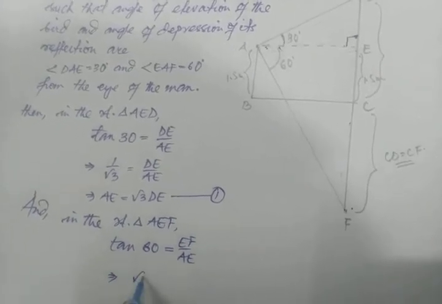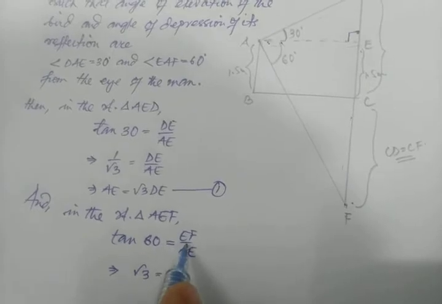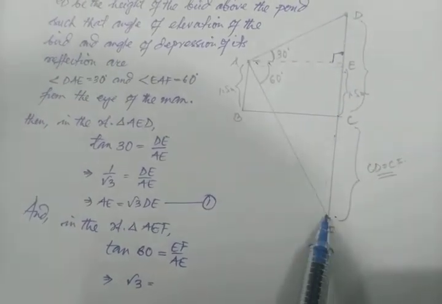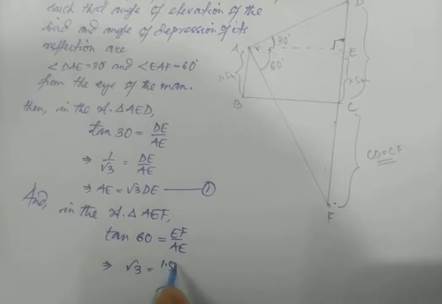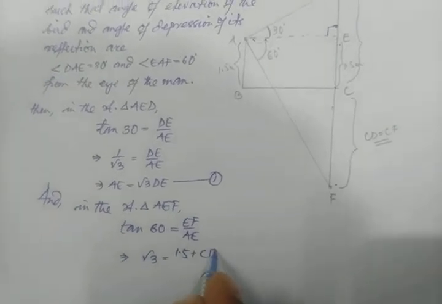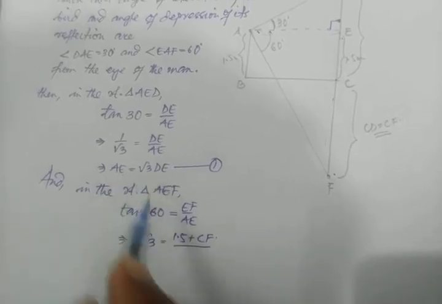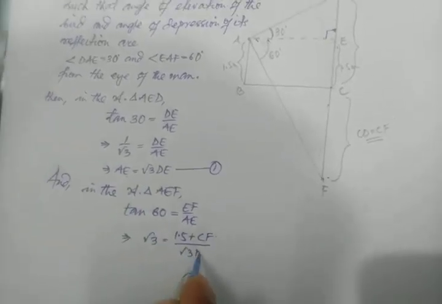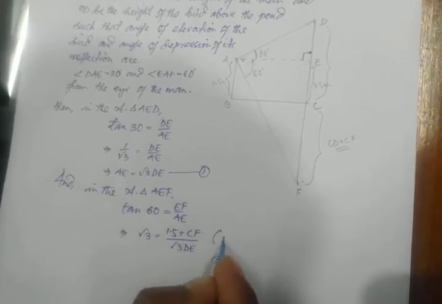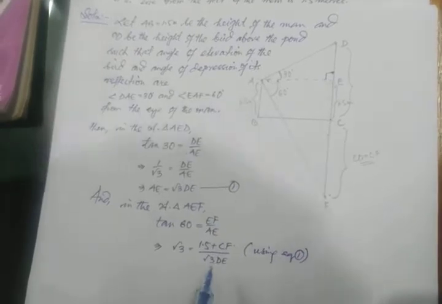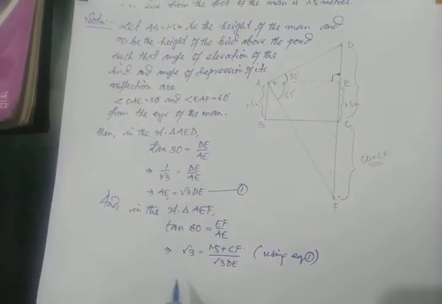Tan 60 from the table is root 3. EF can be written as 1.5 plus FC or CF. And AE can be replaced as root 3 DE, using equation 1.